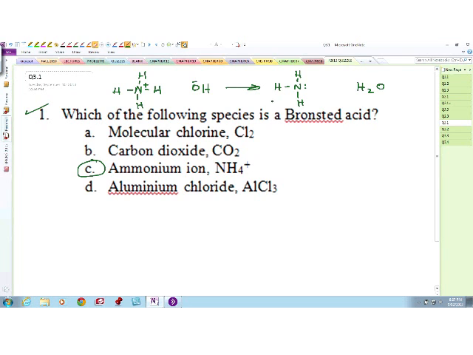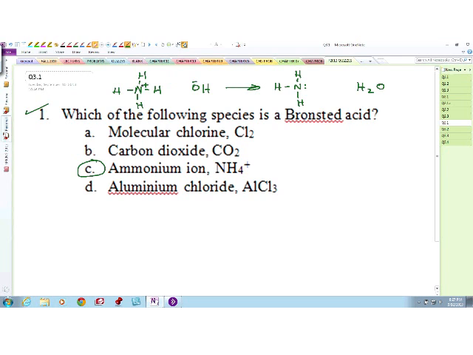So therefore, what is the definition of a Bronsted acid? A proton donor. Excellent. A Bronsted acid is a proton donor. Any species that donates a proton is a Bronsted acid.